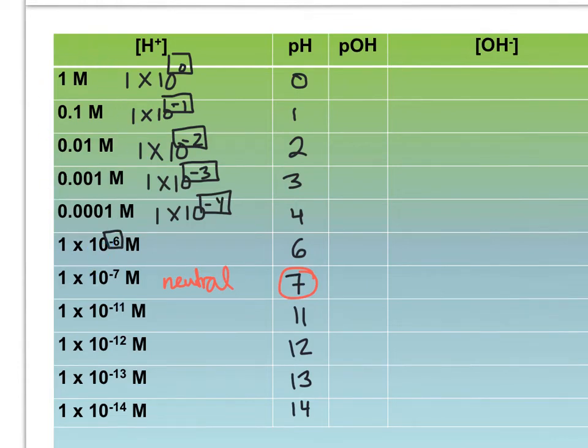So these are acidic. All of these here are acidic. Look at their pHs. Their pHs are less than 7. The lower the pH, the more acidic it is.